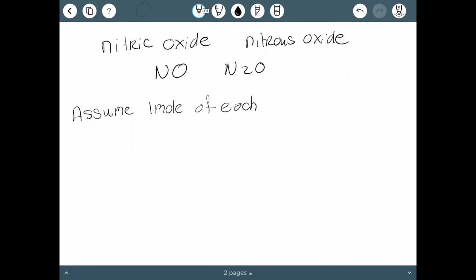So if you have 1 mole of NO, nitric oxide, we'll do NO first. 1 mole of NO, nitrogen, is 14.0067 grams. And for oxygen, it's 15.9994 grams.